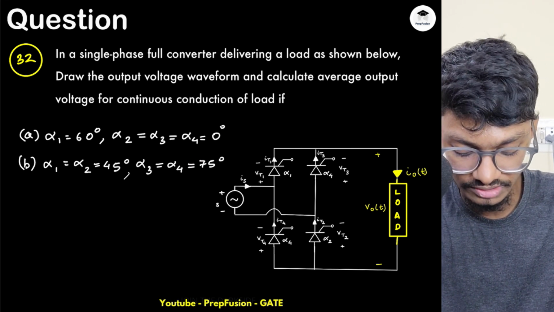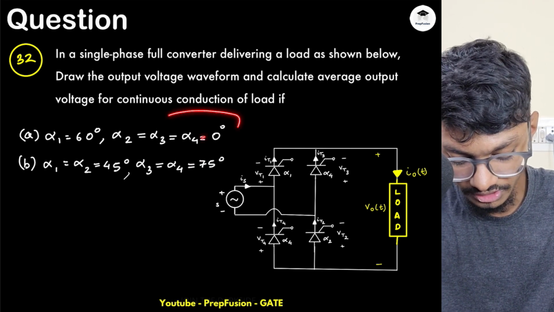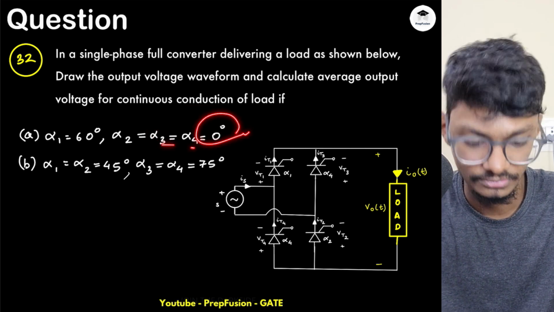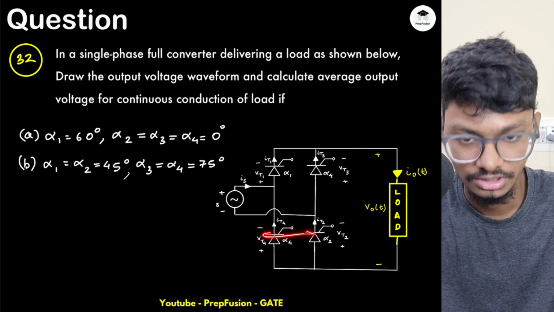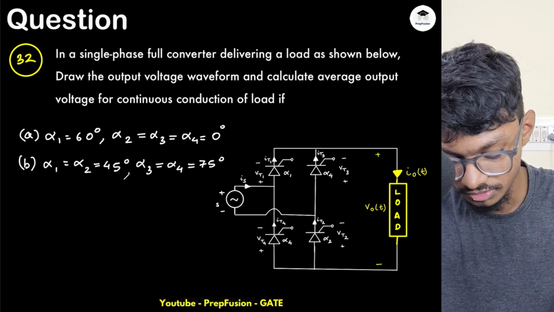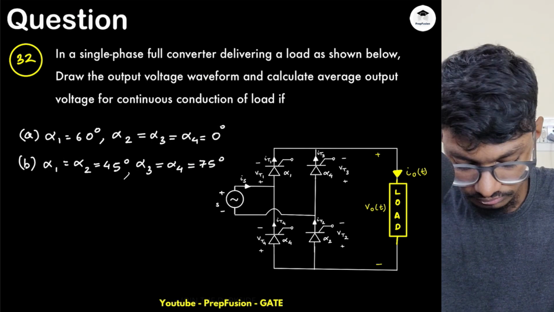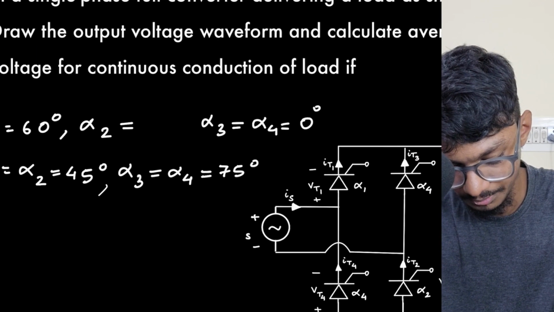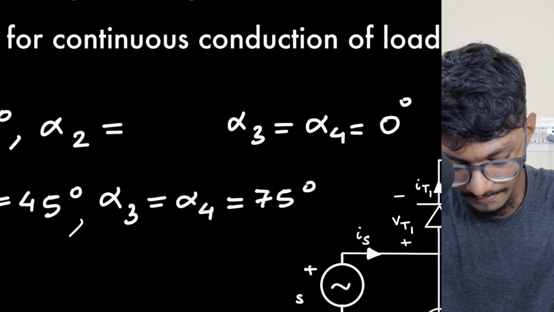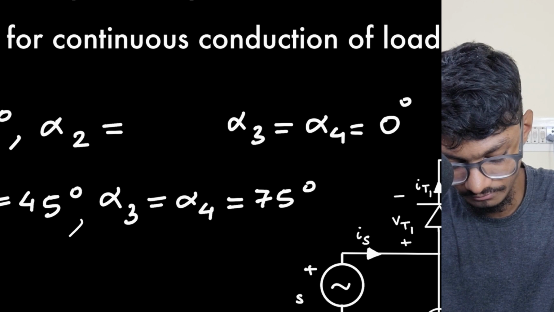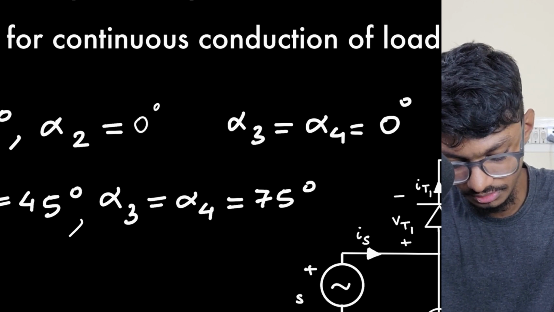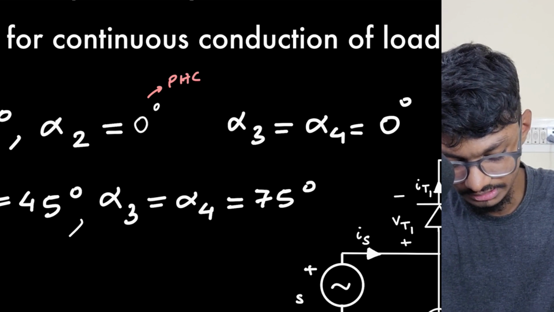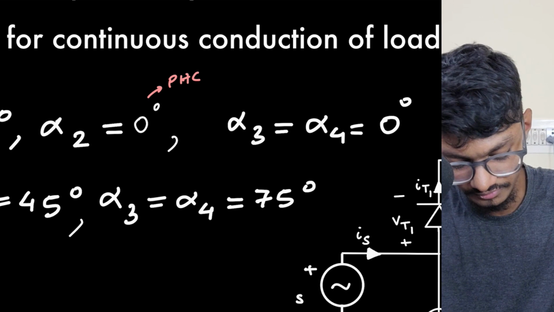If it is 0 degree, we will understand what you mean by that. 0 degree means alpha 3 and alpha 4 are triggered at 0 plus 180. So this should be clear actually. Here I will mention it specifically: this is 0 degree in the positive half cycle, and here 0 degree means in the negative half cycle.